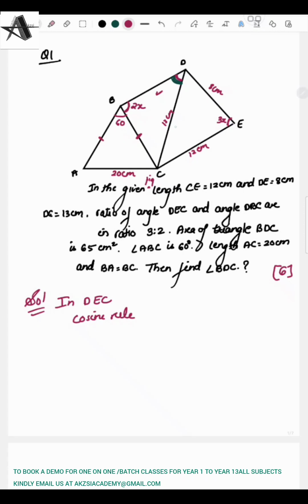The cosine rule says, whatever angle I am taking, I have to start with the side opposite to it.